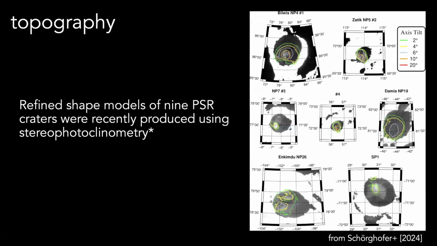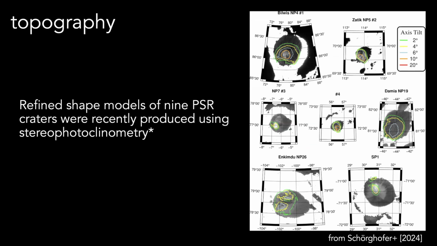But for the rest of this talk, I'm going to be focusing on the topography of these PSR craters. Topography that we only have now, 7 years after the end of the Dawn mission, thanks to some recent work by Schorghofer et al. They produced shape models of 9 permanently shadowed craters identified as having bright deposits using stereophotoclinometry.